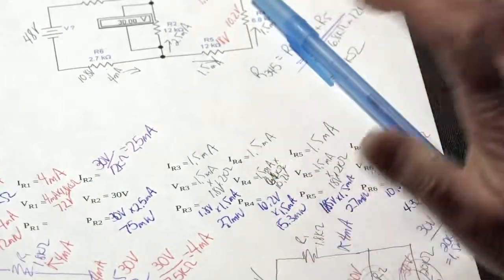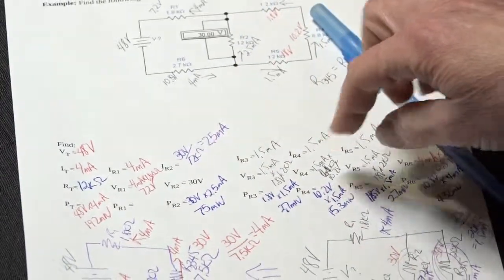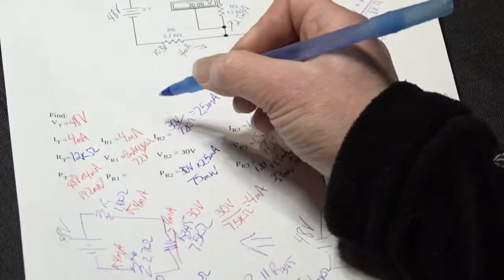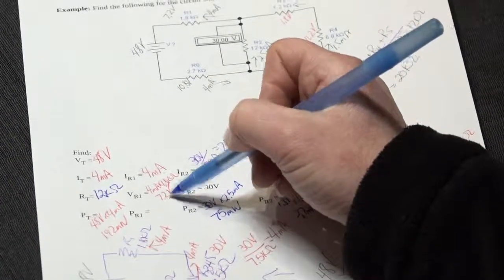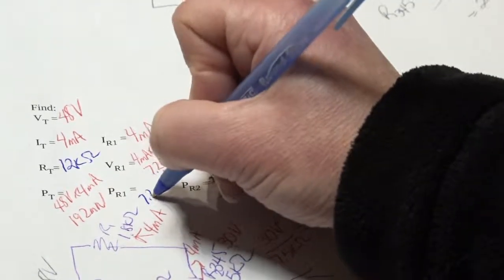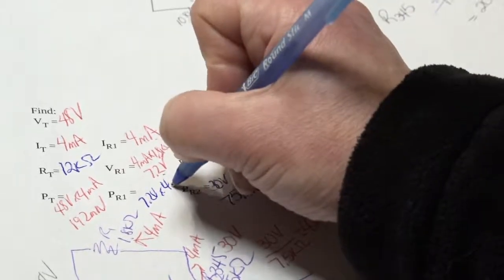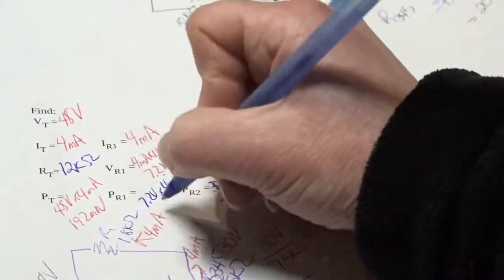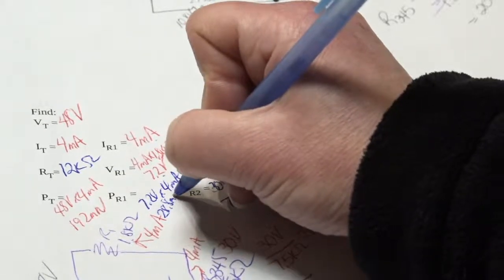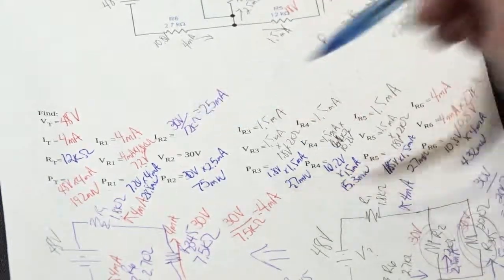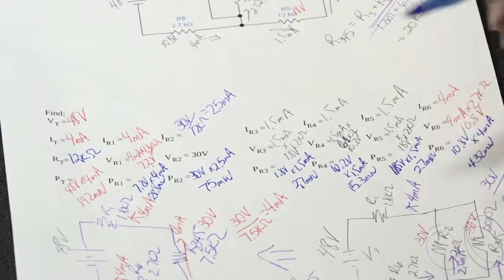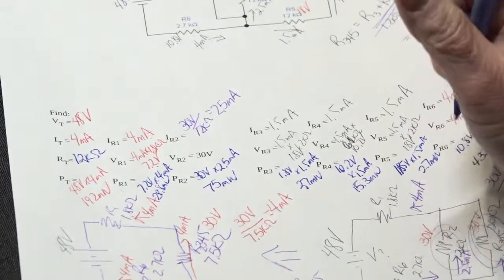And if we add all of those up, we kind of forgot this last one here. 7.2 volts times 4 milliamps gives us 28.8 milliwatts. If we add these up, they come up to 192 milliwatts. And that concludes our series parallel combinations.